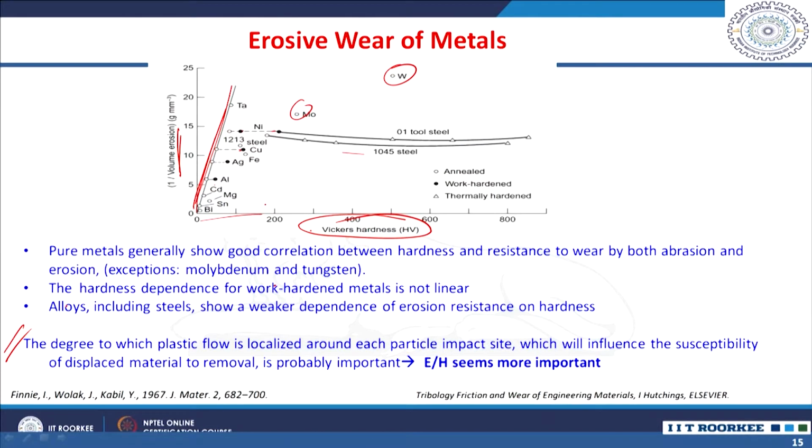If you remember our discussion in abrasive wear, again the degree to which the plastic flow is localized around each particle impact site will influence the susceptibility of the displaced material to removal. So, the ratio of elastic modulus to hardness is more important than simply hardness.